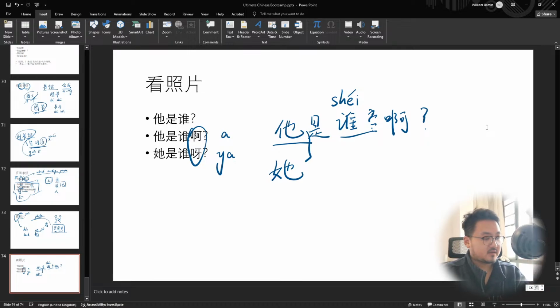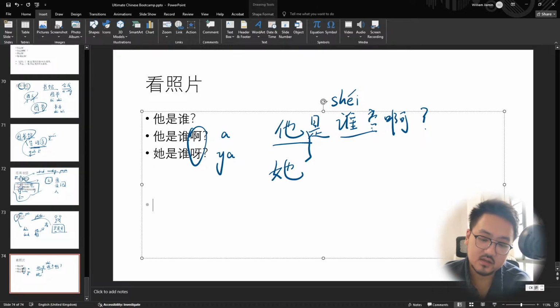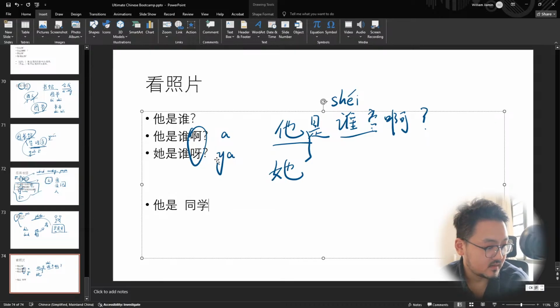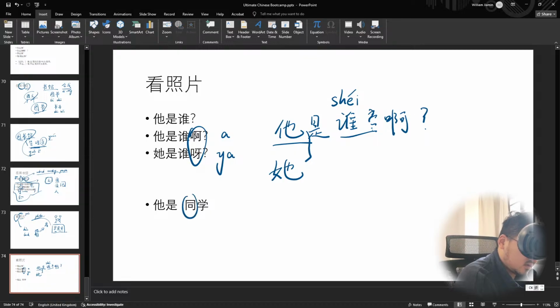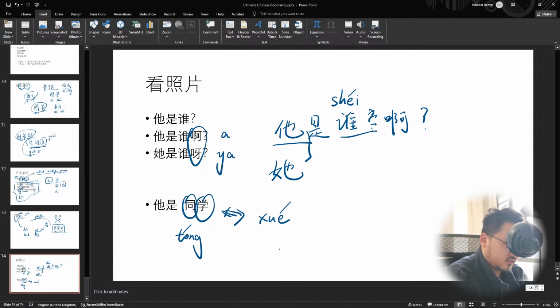And then you can say 他是谁, right? So it's like a 是. So basically, you can answer the is or isn't, right? It's like a statement. 他是同学, and 同学 literally means you are studying together, right? 同学, 同 means together. 学 is like study. 同学 means study together. 他是同学.